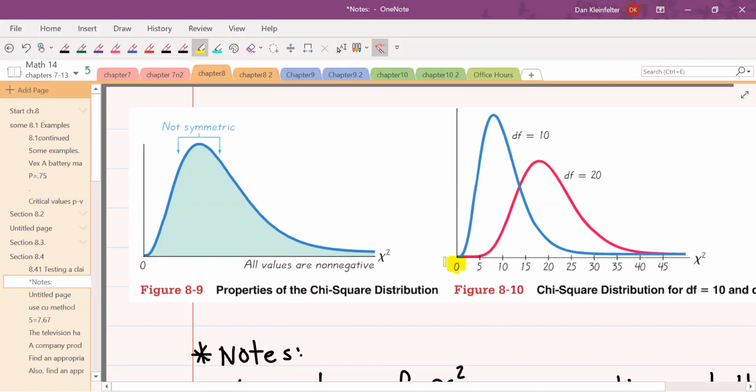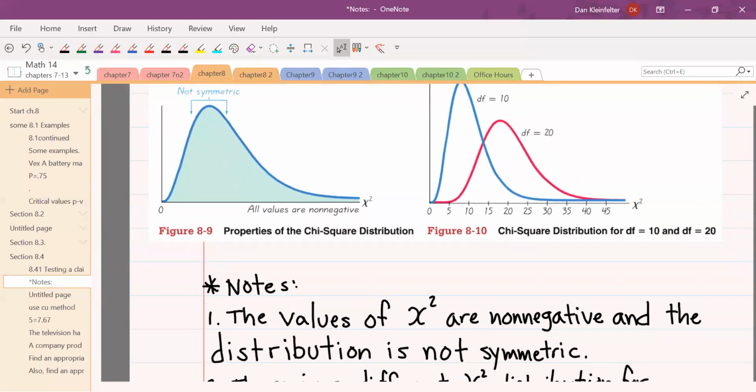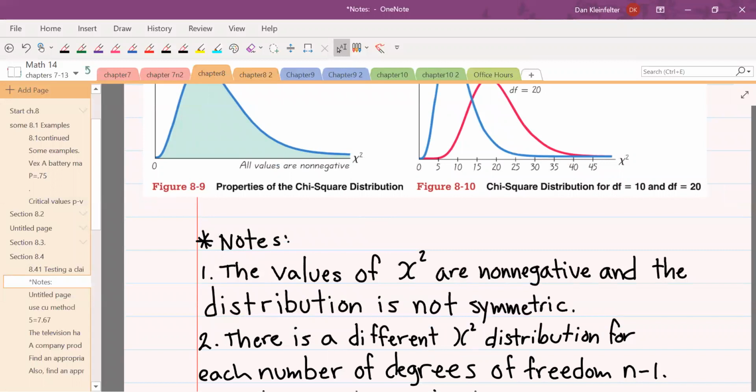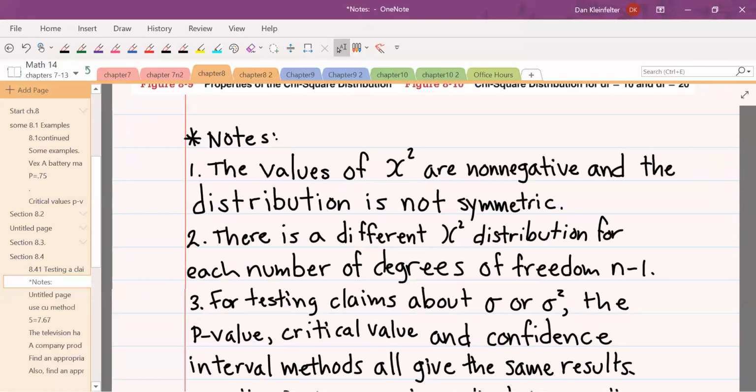We saw back in chapter 7 that for that reason, we needed to look up 2 critical values whenever we were doing a confidence interval. So we'll just have to be careful with a chi-squared distribution also. The values are all non-negative, and the distribution is not symmetric.